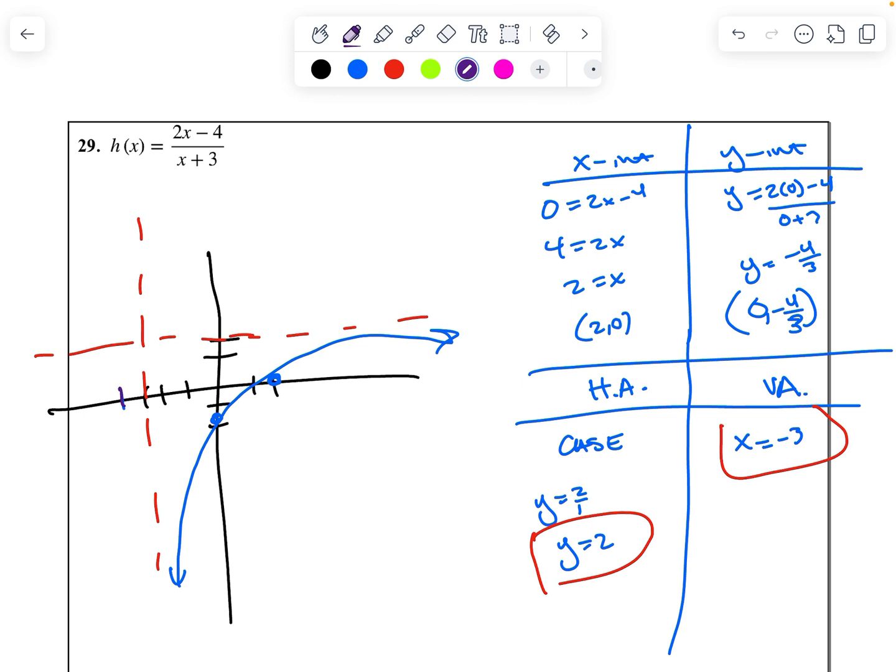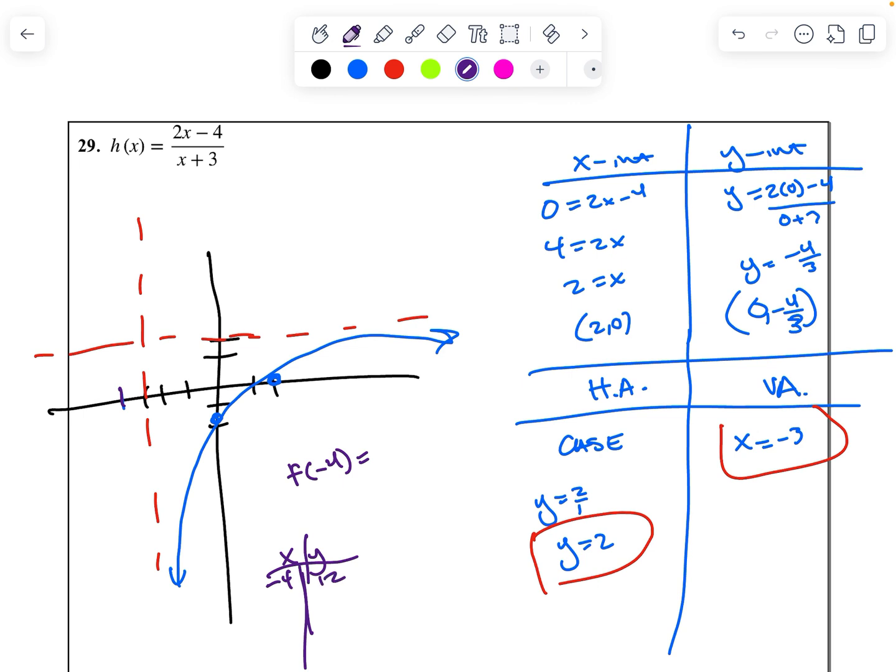And so what we could do is, at negative 4, f of negative 4, when we sub a negative 4 in, 2 times negative 4 minus 4 divided by negative 4 plus 3.